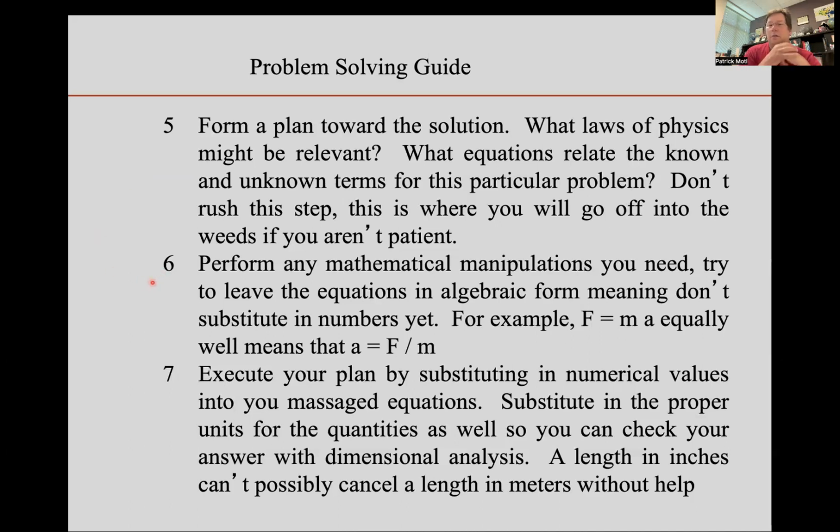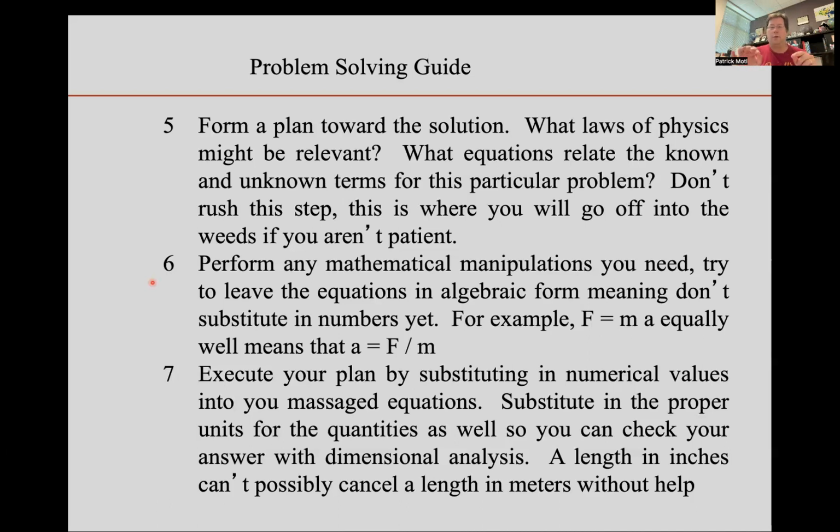Step 6, this is one pretty much every starting physics student has some trouble with. Don't put in numbers. Okay, you have a plan because you finished step 5. Don't put in numbers yet. Leave your equations as algebraic expressions, as mathematical statements without numbers yet.